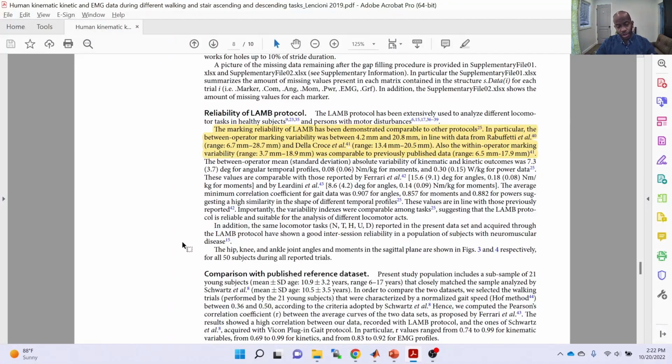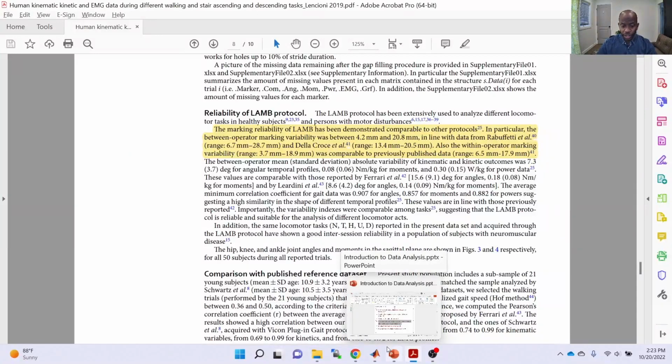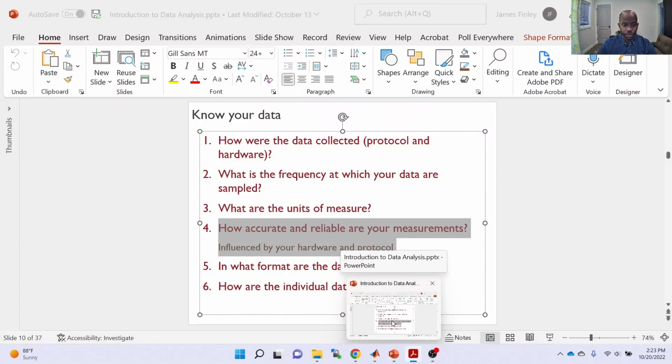You could do that on one day, and then have those same 5 people come back a week later, replace the markers again, and then evaluate the same measure. So the consistency of that measure from one day to the next reflects in part the reliability of you as the experimenter in placing those markers. So again, more detail here that you should read and think through as you work through this manuscript.